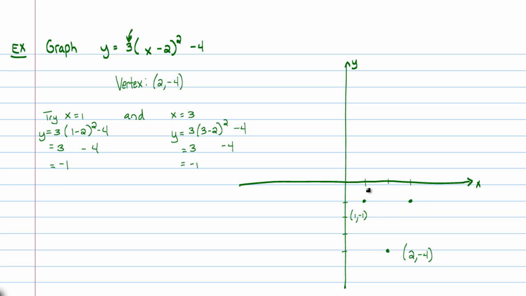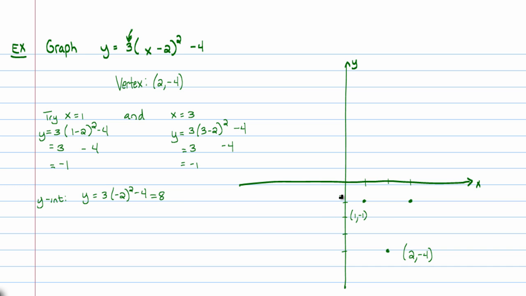Now before I go any further and connect those points, I do want to talk about finding y-intercepts and x-intercepts, so I might as well just do that. The y-intercept is very easy to find here. You just let x equal 0, so you'll have y is equal to 3 times a negative 2 being squared minus 4. A negative 2 squared is 4 times 3 is 12 minus 4 is 8.